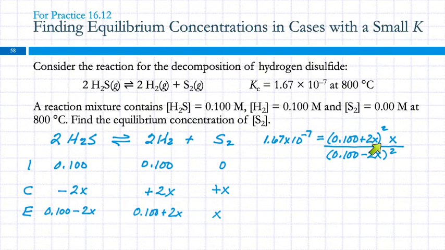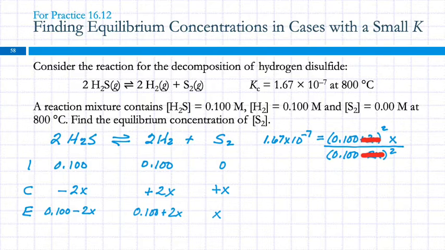If X is really small, it's like adding 2 oranges to the big truck. Doesn't matter. If X is really small, it's taking 2 oranges away. Doesn't matter. So the X's small approximation is going to get rid of those guys right there. We're going to say X is small enough that we don't even need to consider subtracting it from 0.1.